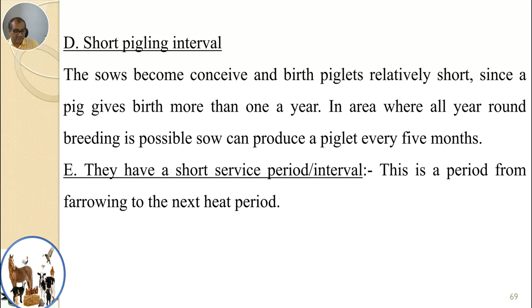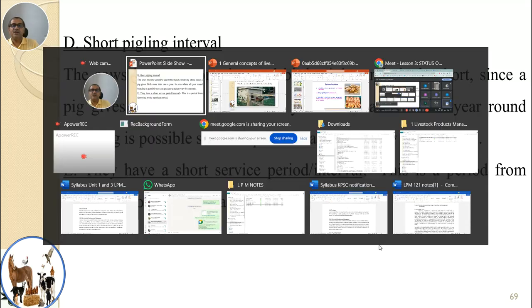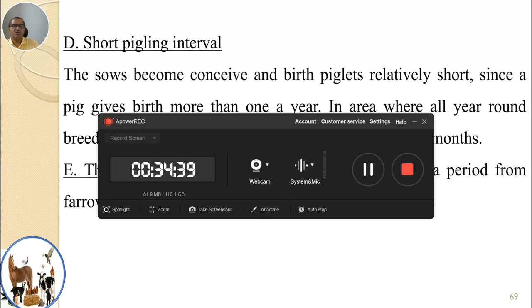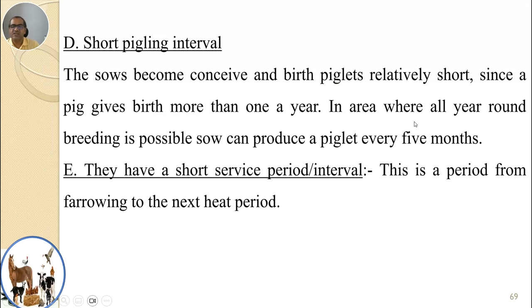Usually the piglets are born and grow very fast, and a sow can produce piglets every 5 months, meaning it will come to estrus, and every 5 months it will give about 10 to 12 piglets.